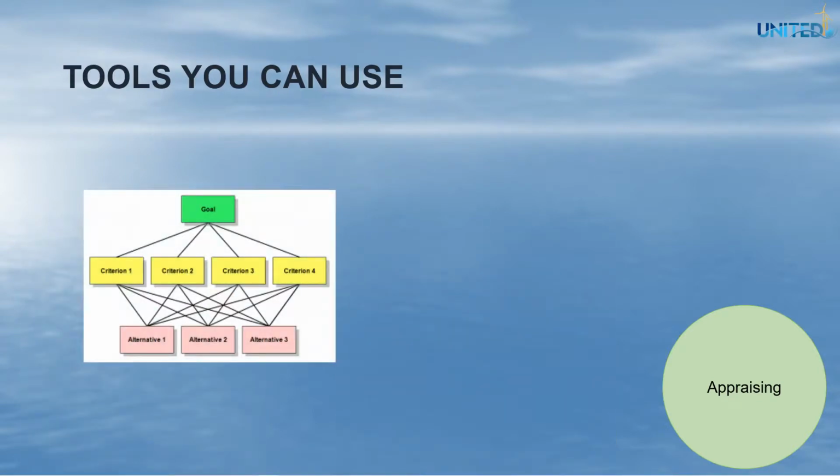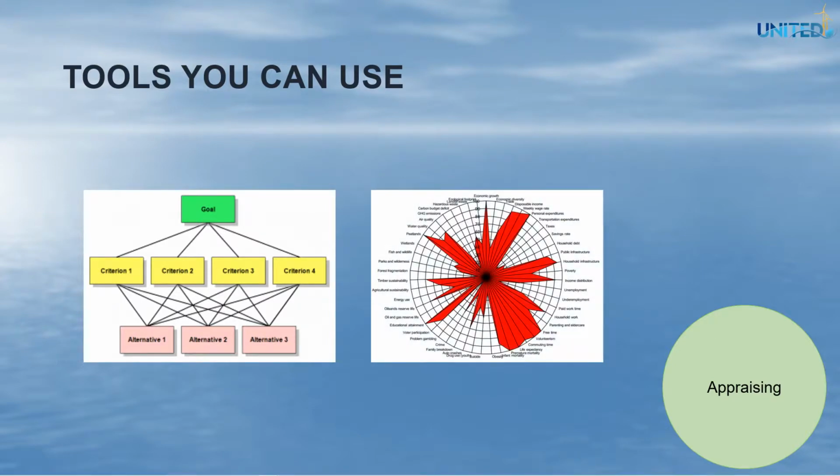In multi-criteria analysis, you decide on which criteria you will use to assess the different measures that you can use. Now you can ask each of the people to score each of the measures on each of the criteria. Then when you add all the scores together, you get an image of how well each of the different measures are being perceived by the different people, and based on that, you can take a decision.